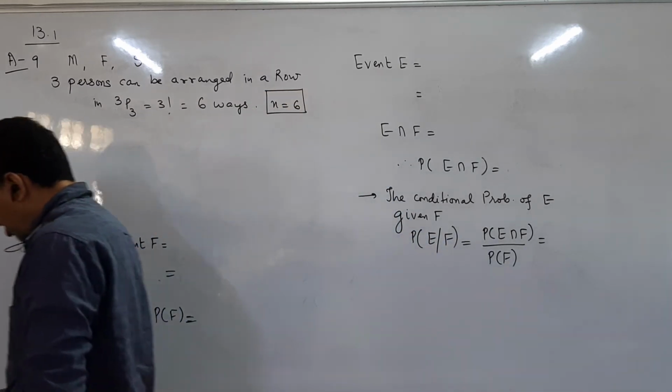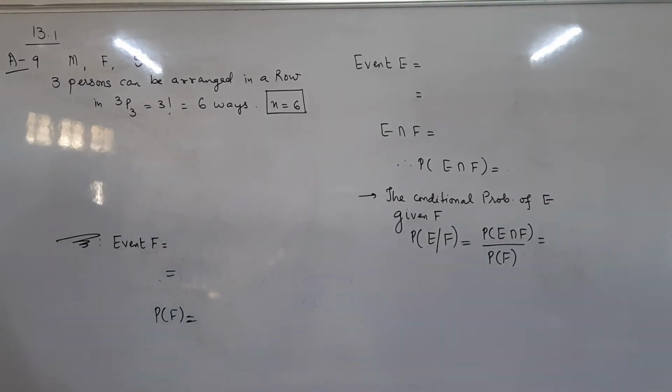If you recall, long back, before 7 months, I told you that the fundamental of probability lies in the concept of permutation and combination. The fundamental of probability, students, always lies in the concepts of permutation and combination.